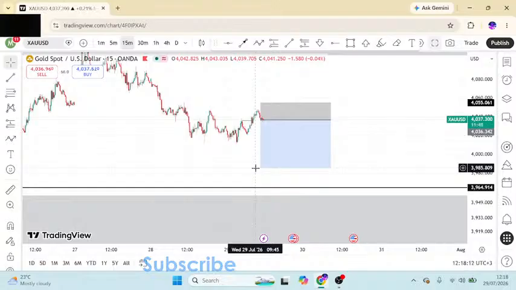So we are seeing the trade is reversing small, but that should not shake us. We are still looking for those sells.